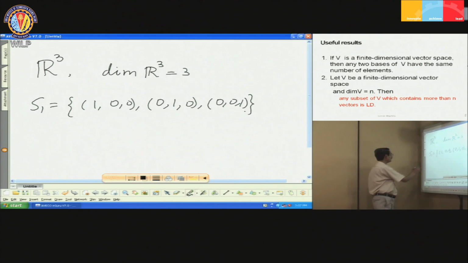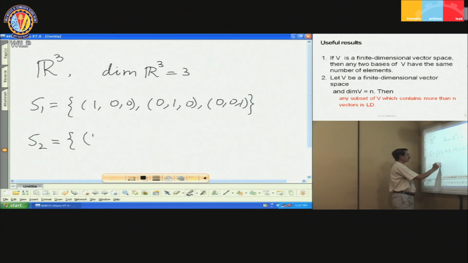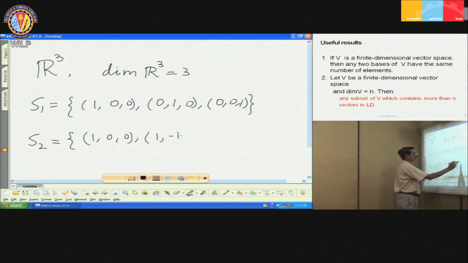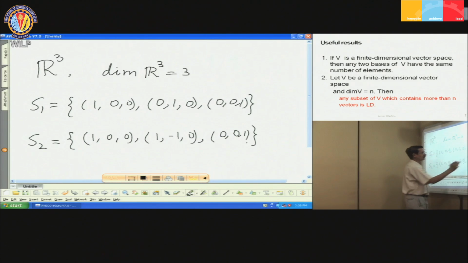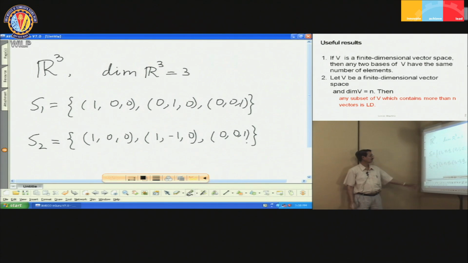But you can see that there may be any other set S2 which may also be a basis for R3. Suppose for example, I am taking here (1, 0, 0), (1, -1, 0), (0, 0, 1). So, if S2 is also a basis, then look at the sets S1 and S2, both are different.